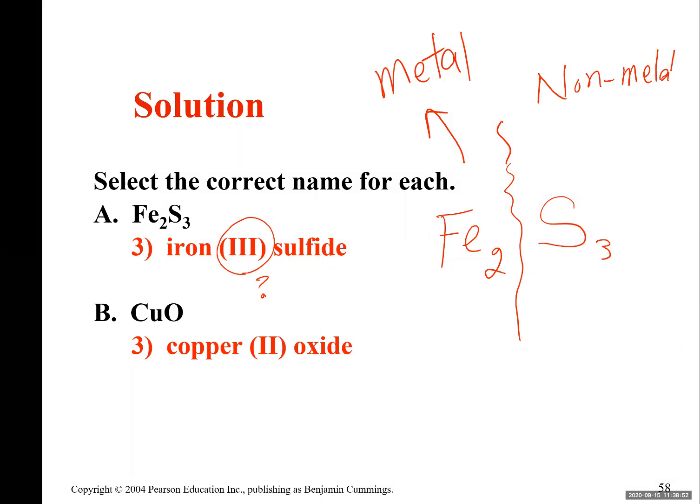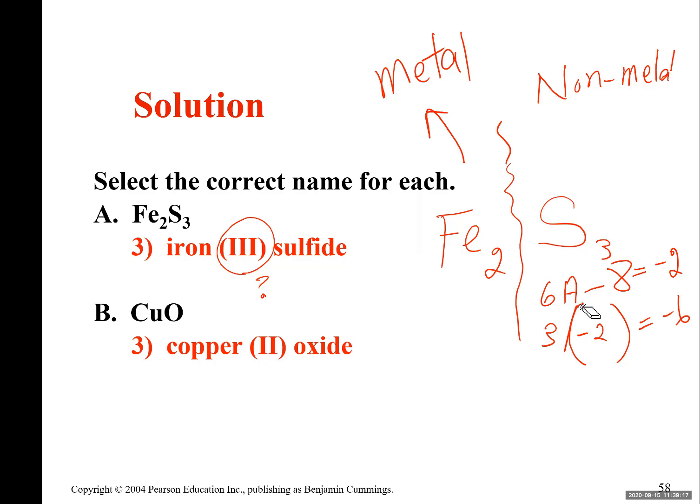For non-metals, we said, look at group number. Sulfur, is it 6A? If it is 6A, how far is it from 8? For non-metal, it's -2. So the total charge of the non-metal, there are 3 of them, -2 each, total of -6.